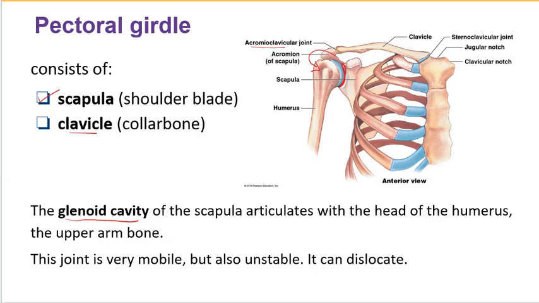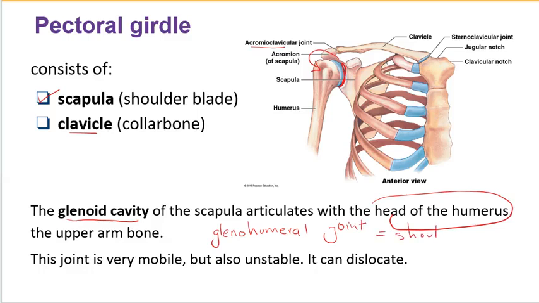The glenoid cavity articulates with the head of the humerus, and together they make the glenohumeral joint, which is our shoulder joint. Our shoulder joint is the most movable joint in our body, which is very mobile, and obviously less stable, so there is a possibility that it can be dislocated.